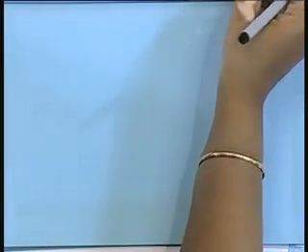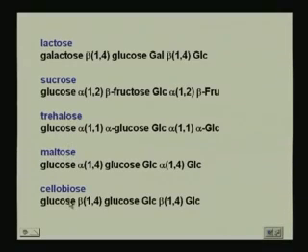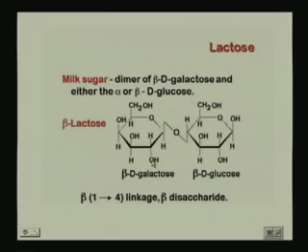If we look at all the different monosaccharides or disaccharides rather that we have here, we have lactose, sucrose, trehalose, maltose, cellobiose. Okay. This is lactose then. What is the linkage? Just let us look at linkages now. Beta, try not to look at the answer, but just to figure out that we are linking, this is the 6th carbon, this is the 5th carbon, that is the 4th one.